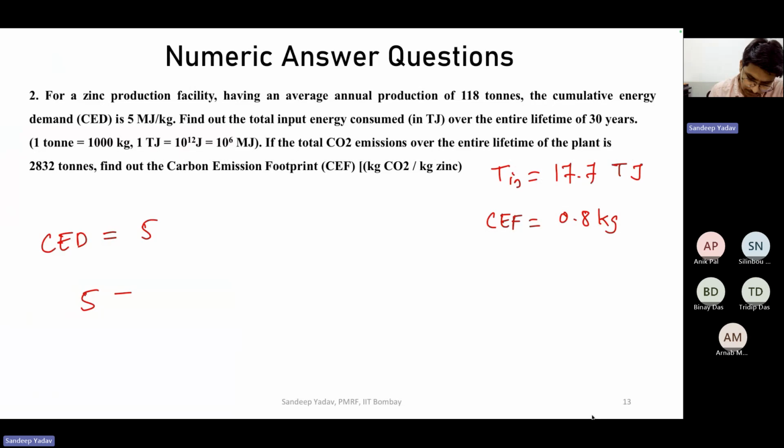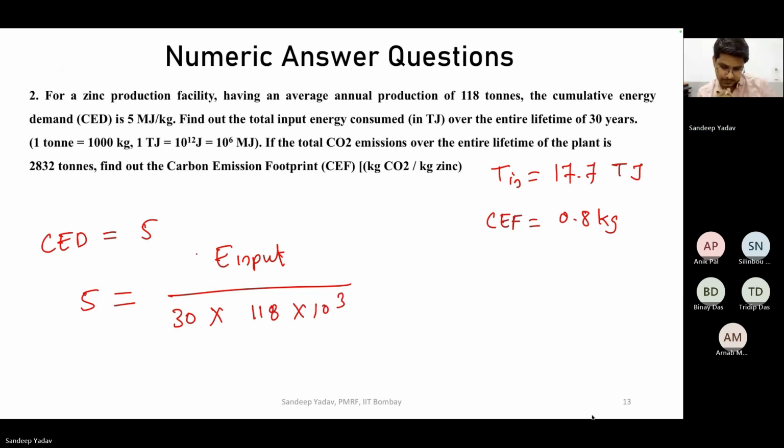So 5 equals the total energy input divided by lifetime, that is 30 years, multiplied by the annual production, that is 118 tons into 10 raised to power 3 to convert tons to kgs.